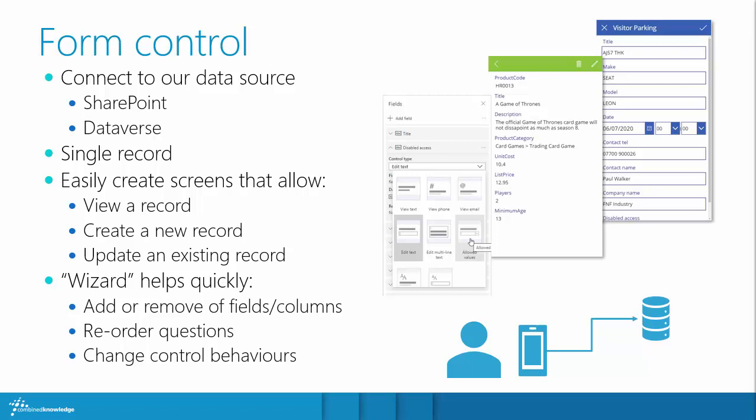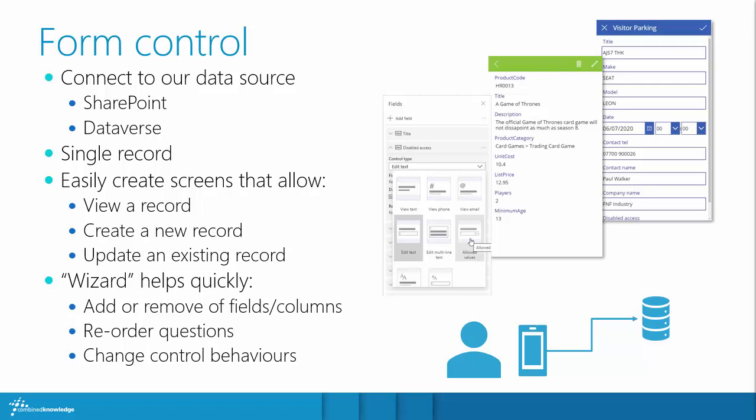The form control is special for a few reasons. One, it actually has nested controls built within it. What that means is, for all the other types of controls that we typically use within our Power Apps, we place an individual control onto our screen.